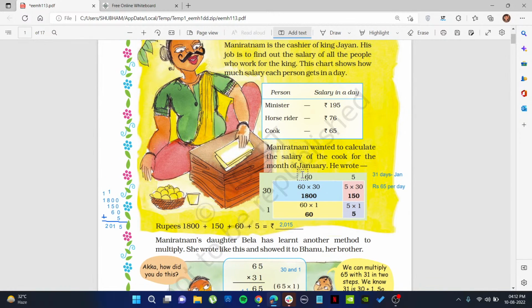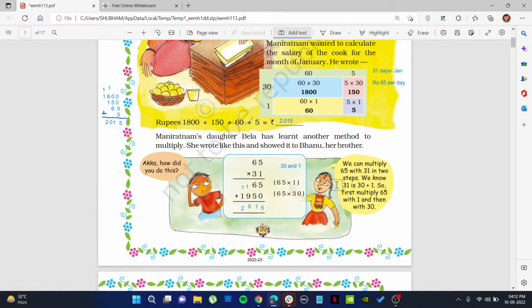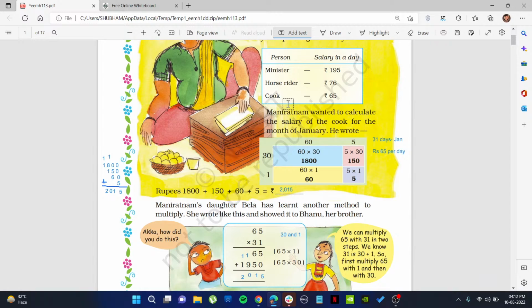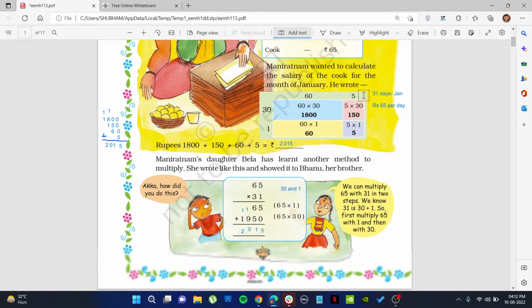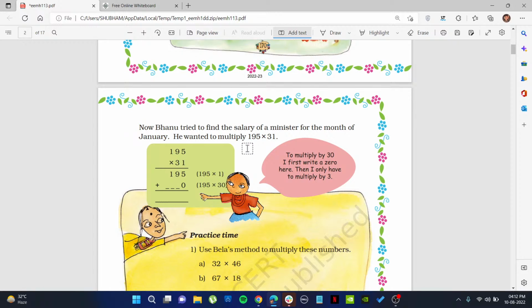This is because in this table we can see that the salary of a minister for a day is 195. We were multiplying by 65 because for the salary of cook it was 65 rupees. But here we have to calculate for minister, and its salary for a day is 195. So therefore we will be multiplying 195 with this 31.